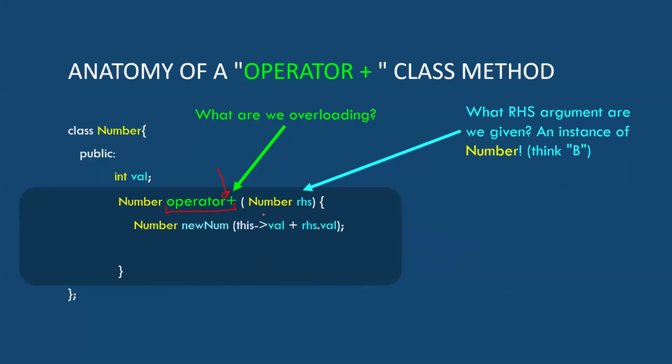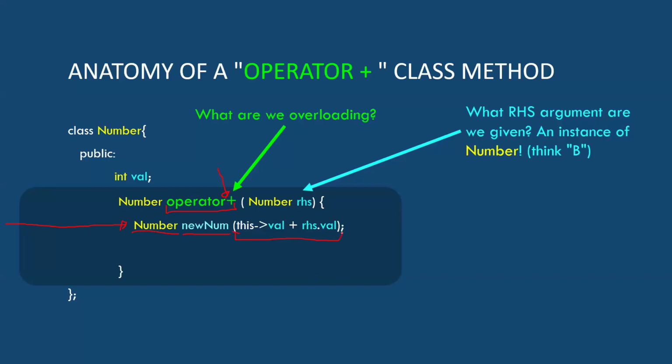And then there's what we're doing inside. So here I'm doing it a little differently than I did it last time. So you can follow this if you want, but it's a really good exercise. We're creating a temporary variable. It's called new num. It is of type number instance. And it's going to be the sum in the constructor.